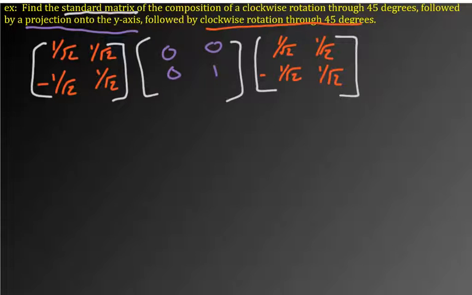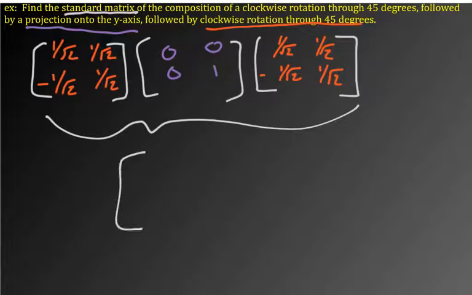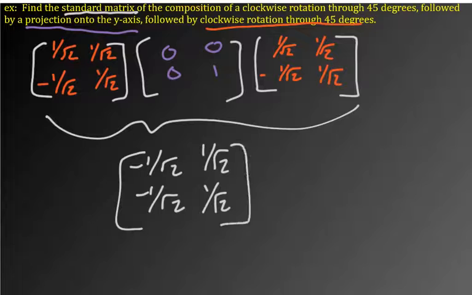You can just multiply these two, and then multiply that result by this. If you do all that out, you would get the matrix negative 1 over root 2, negative 1 over root 2, 1 over root 2, and 1 over root 2. And this is what we call the standard matrix that does all these things.